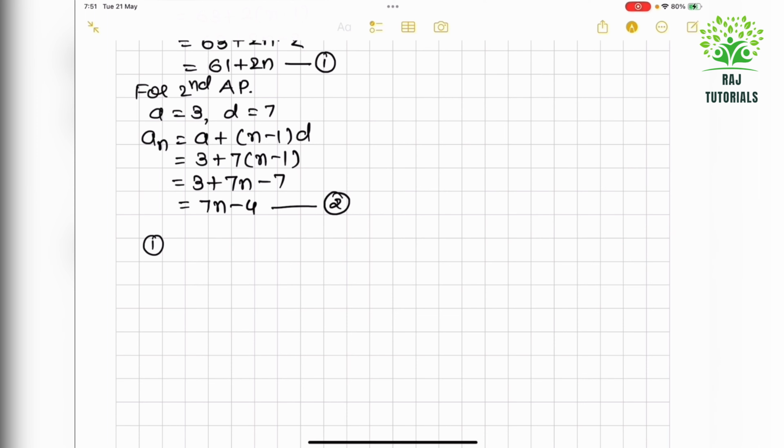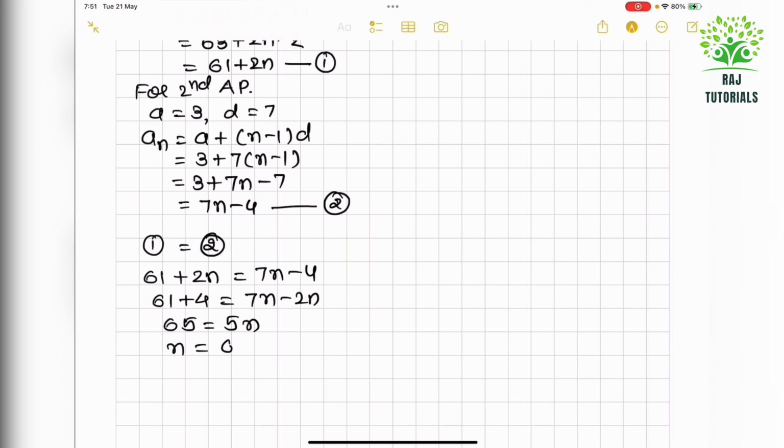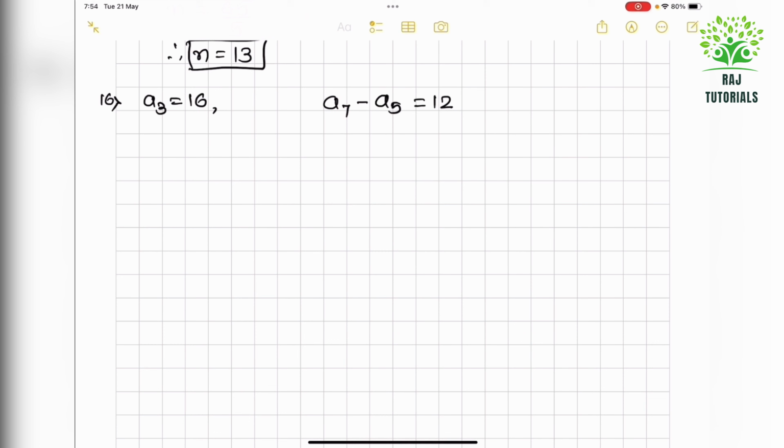But he is saying that 1 and 2 are equal for what value? So let us check. 61 plus 2N equal to 7N minus 4. Now taking like terms on one side, 61 plus 4 equal to 7N minus 2N. So 65 equal to 5N. So N equal to 65 by 5. Therefore N equal to 13. So the 13th term is the one which is the same in both of them.